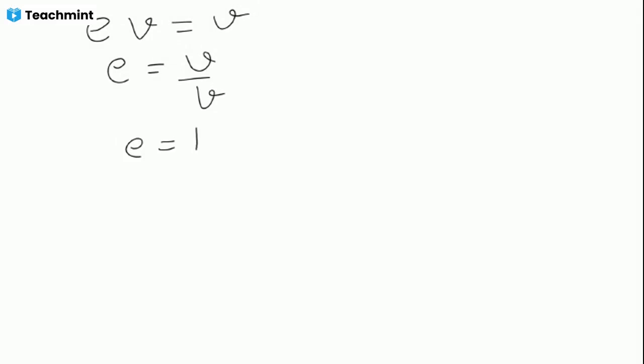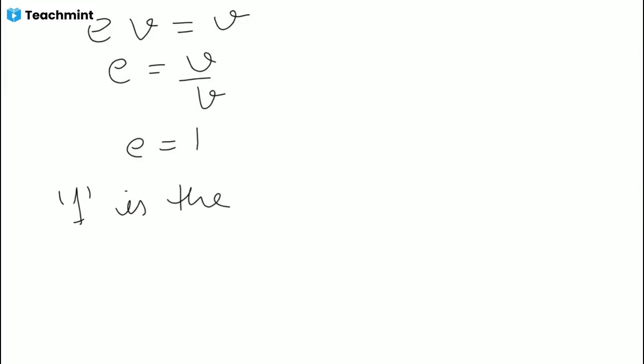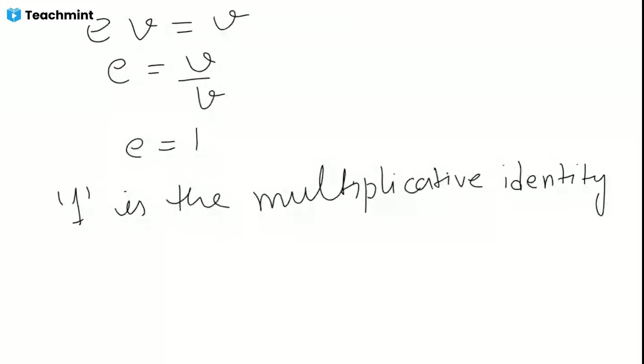So we can conclude that 1 is the multiplicative identity. This must be in the given set which we need to show is a vector space.